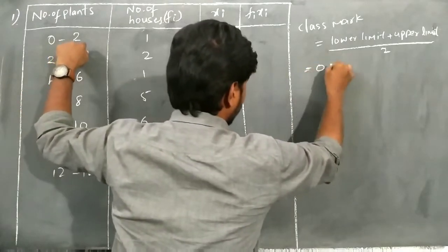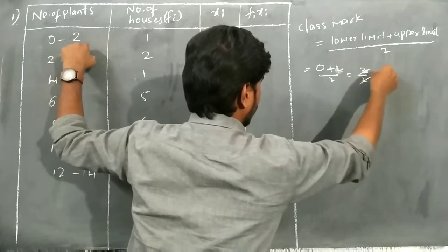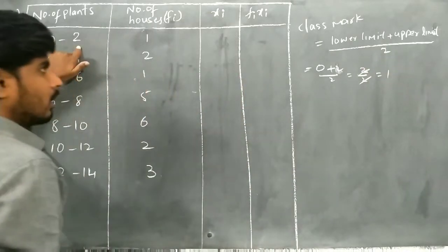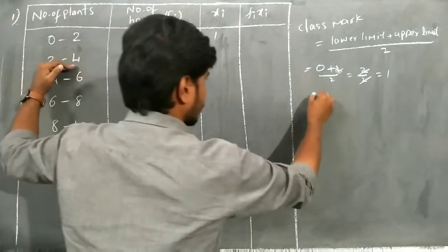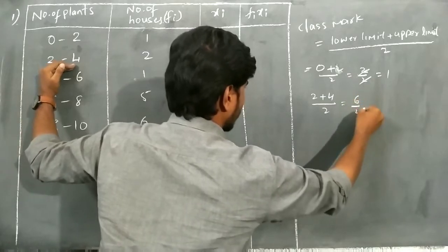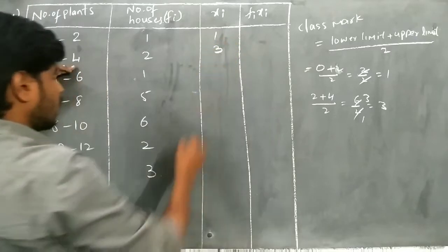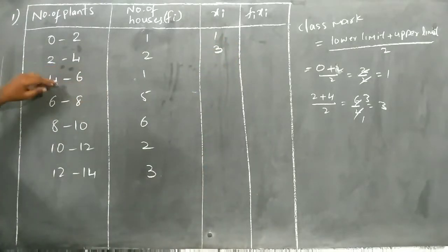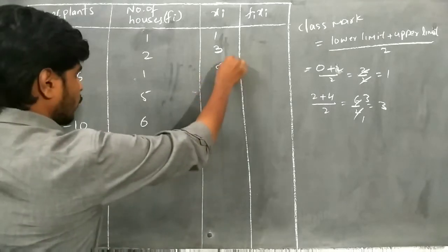So 0 plus 2 by 2, the 2 by 2 gets cancelled, 1 is the Xi. Next, 2 plus 4 by 2, 6 by 2, that is 3. Similarly you can find 4 plus 6, 10 by 2, it is 5.